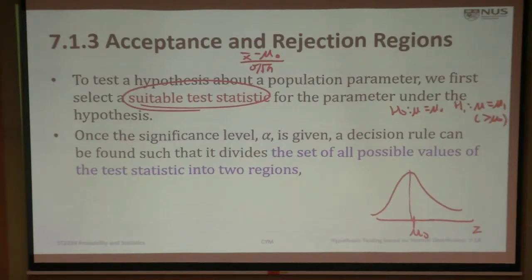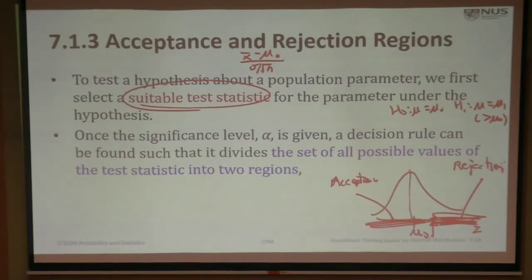Then my hypothesis, I will set this region and this region. All right, these two regions. One is what we call the acceptance region. The other one is the rejection region. This region we call the acceptance region, while this part is the rejection region.